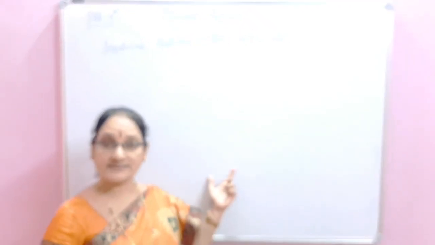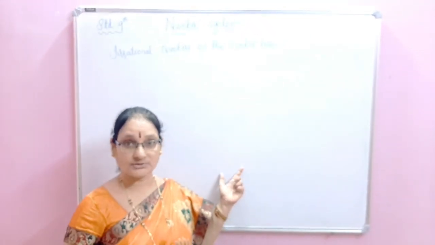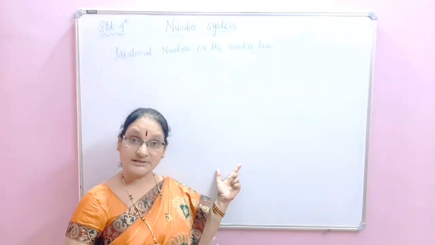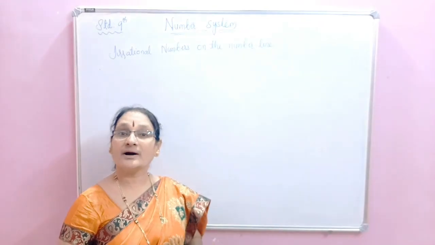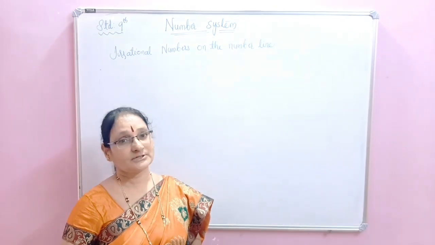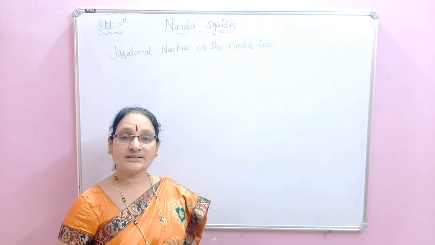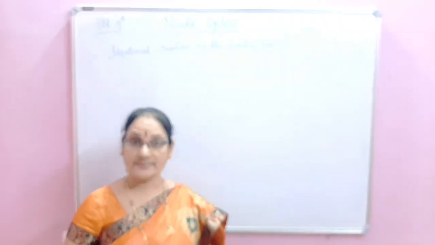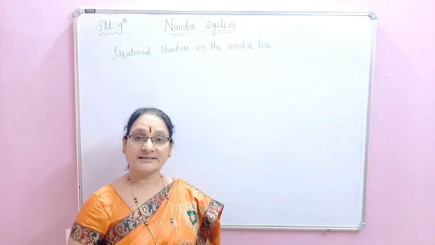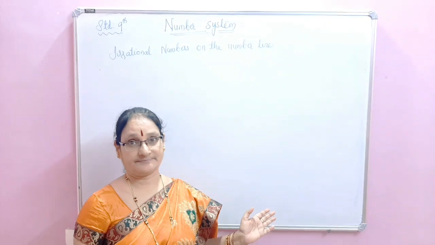Rational numbers are those which can be expressed in the form of p by q, where p and q are integers and q must not be equal to 0. The set of rational numbers is denoted by Q. Q refers to quotient. The rational number set is a very big set.